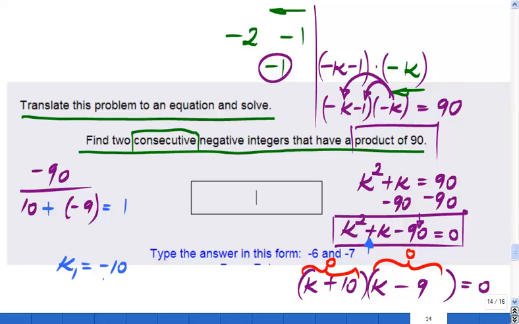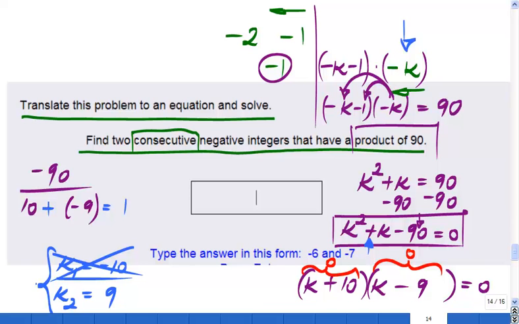Well, this will give you your two possible solutions. k1 equals negative 10 and k2 equals 9. Alright? Well, because I'm looking for consecutive negative numbers, in our case we said our first number is negative k. If I'm going to use k equals negative 10, what do you notice here? Negative k is going to be positive 10, which is positive, not negative.